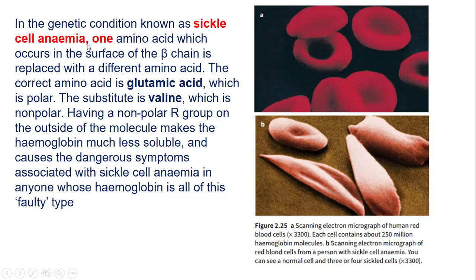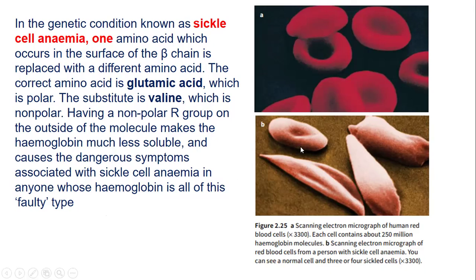So the right amino acid is glutamic acid, which is polar or hydrophilic, but it was replaced by valine, which is non-polar. And now having a non-polar amino acid on the outside of the molecule makes the molecule much less soluble. And that eventually even alters the shape of the red blood cell that is having such an amino acid in its hemoglobin.